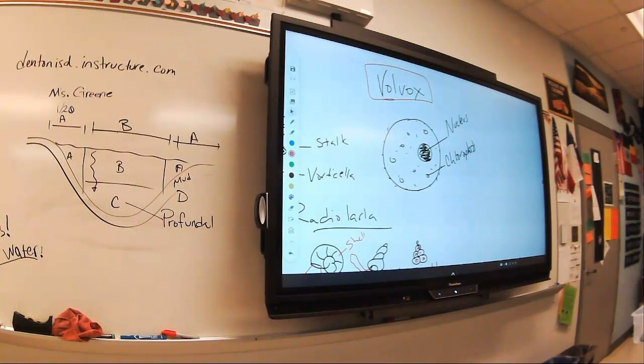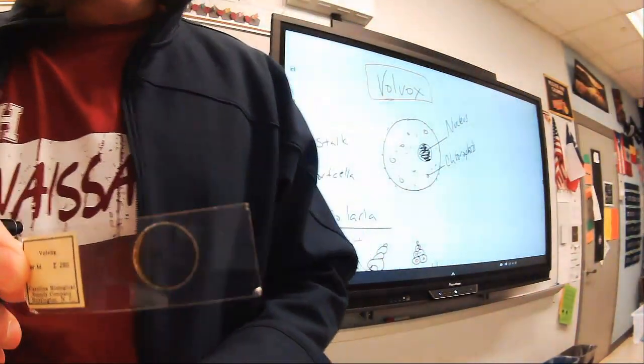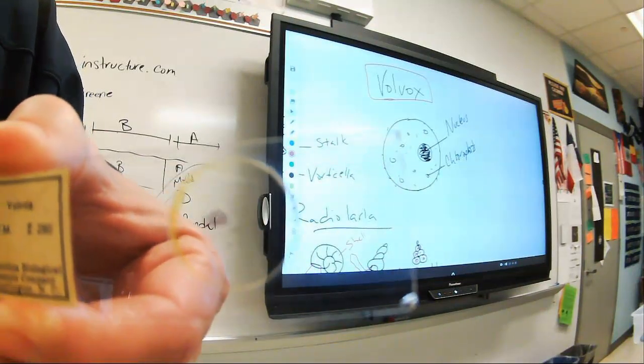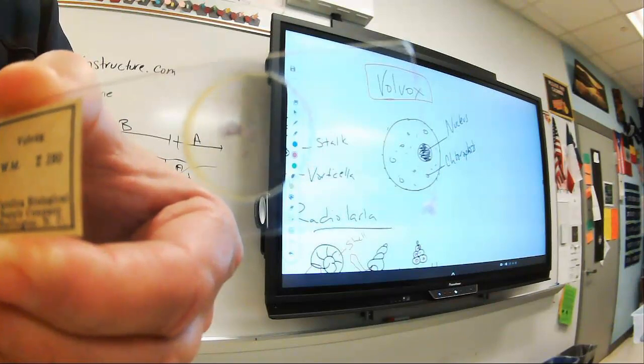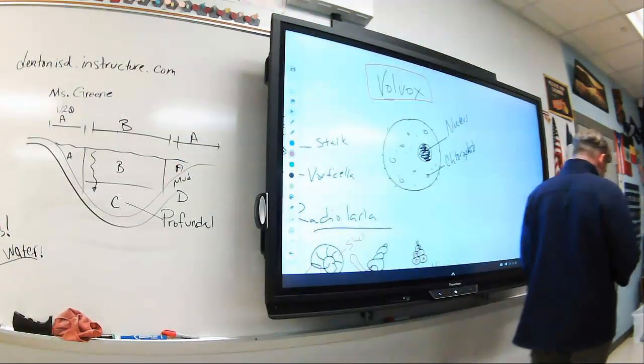Now this is going to be a cluster of Volvoxes, but with your naked eye, you can actually see. Let's see if we can get that to work. So you can see there the blotchy purpley stuff on there is a Volvox.